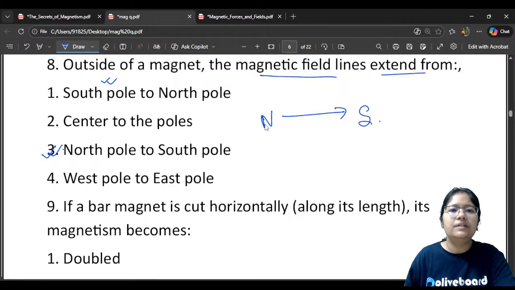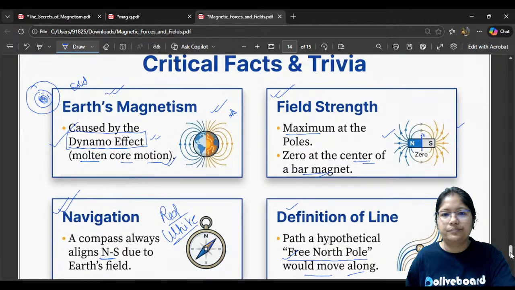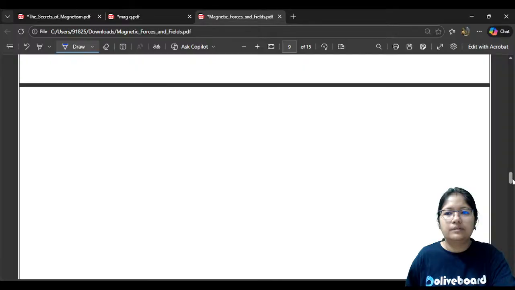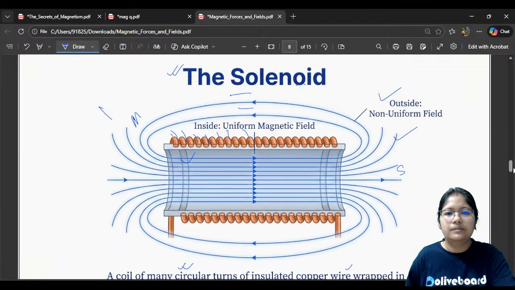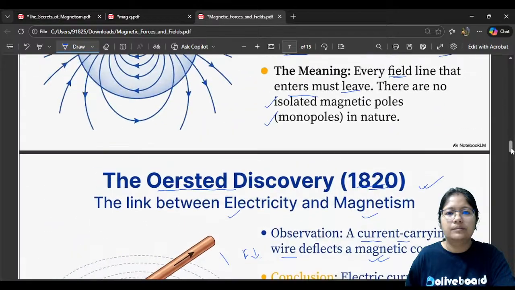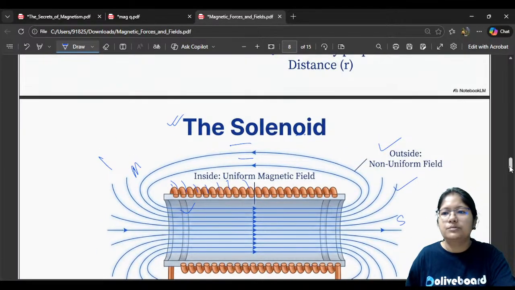And if they would have asked inside of a magnet, then it would have been South Pole to North Pole. Let us see one diagram. Here also you can see North Pole to South Pole.